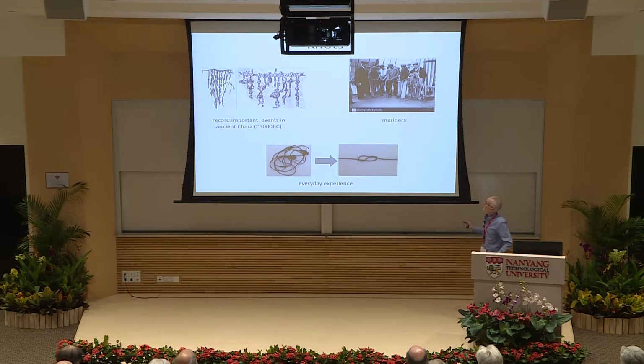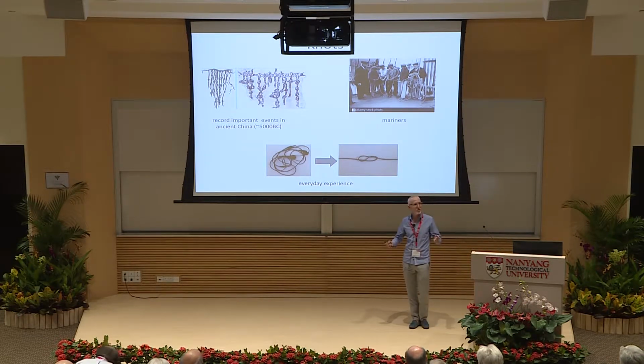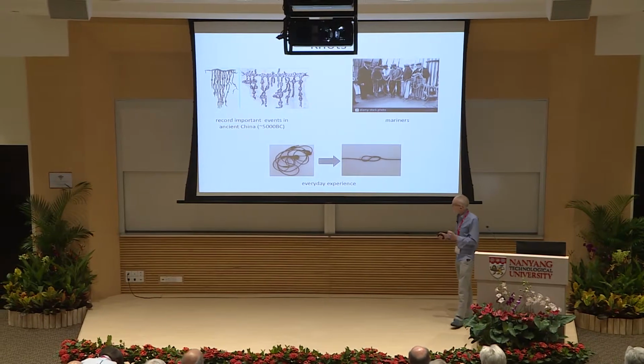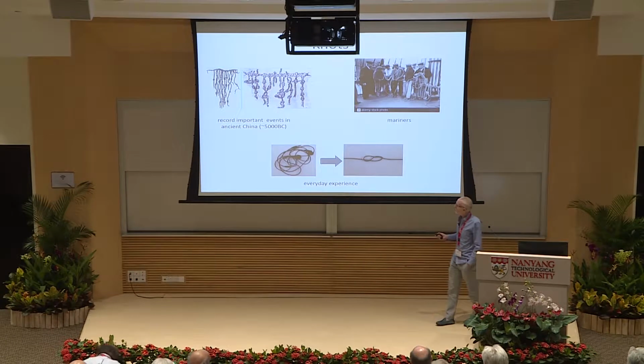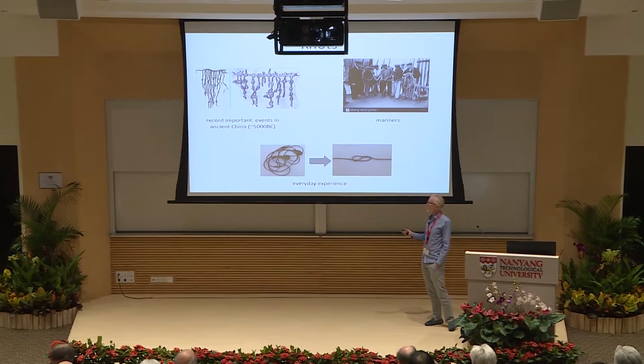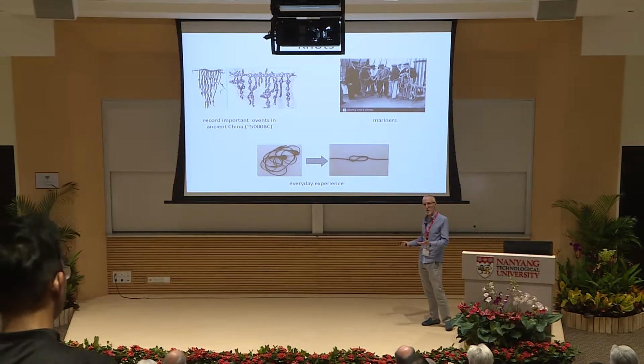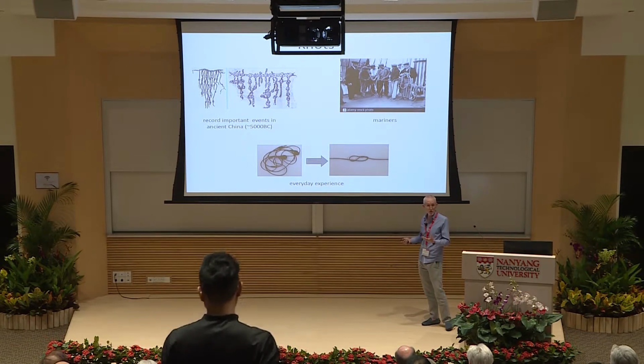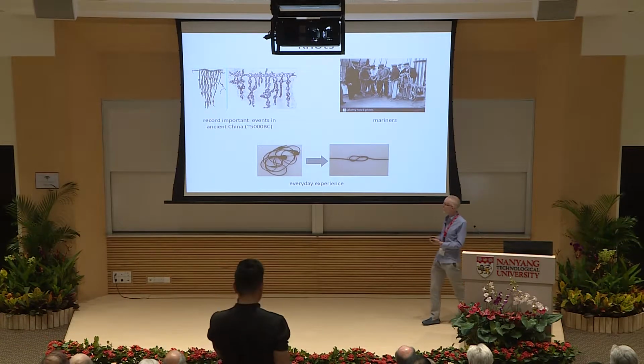And we see them all over, from mariners to old-fashioned headphones: you shove them into your pocket, you pull them out, and you're going to have a topological knot. One thing I'll get back to is that we believe shoving an object into a tight spot increases the probability of forming a knot, and we're going to use that to our advantage later on.